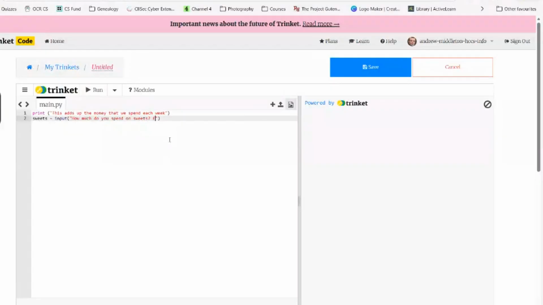Now, you might want to put the pound sign next to that so that someone can put 0 point whatever as an answer without putting the pound sign in. Then magazines is an input. How much do you spend on magazines?